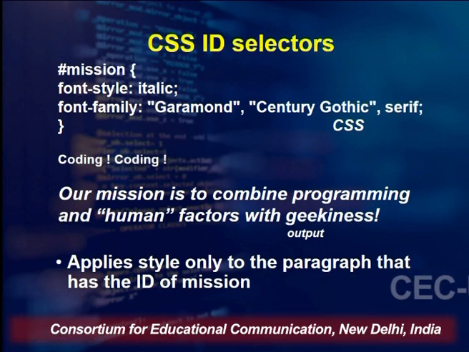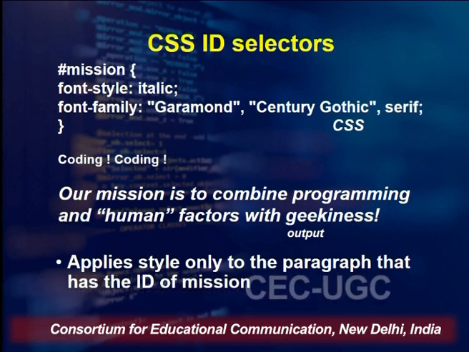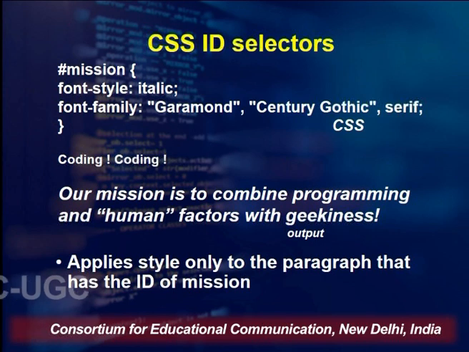We are saying that you are using a particular ID and you are defining the style for that particular ID. Say for example, we create a definition called hash mission, in which we define some style, say we give a font style, a font family, etc.